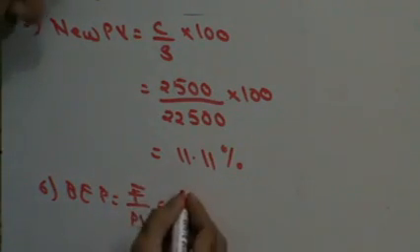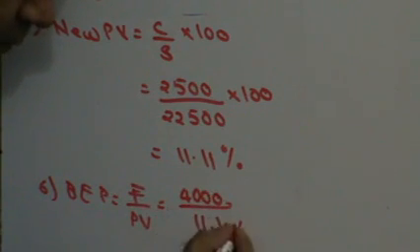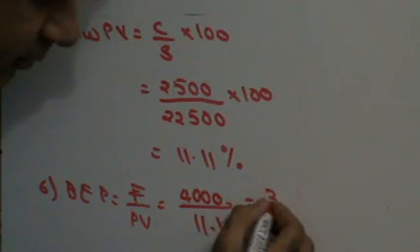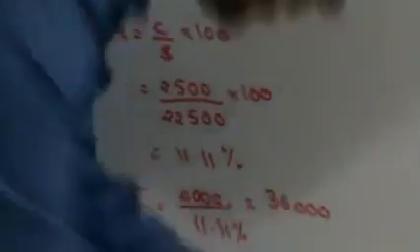F we have found out is 4,000 divided by 11.11%. Someone please help me calculate this. It should come to 36,000. So my BEP sales is going to be 36,000.